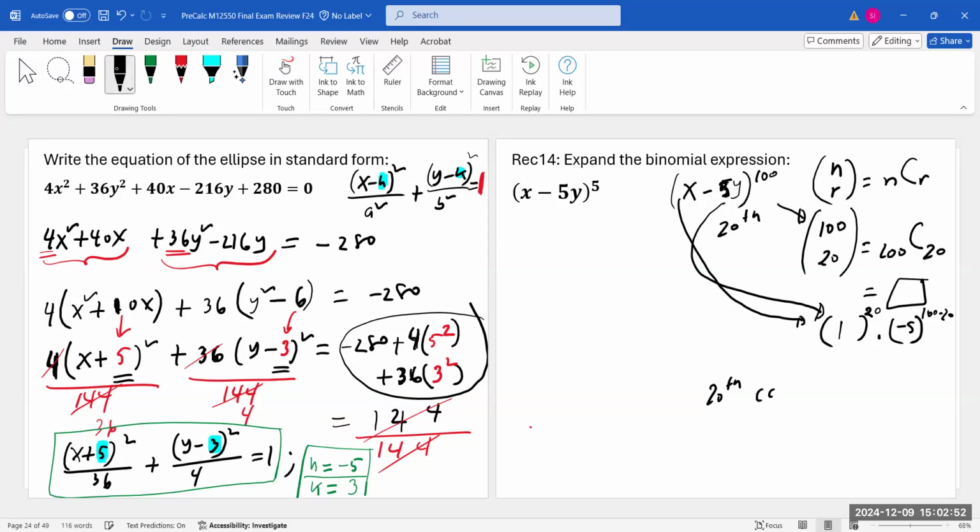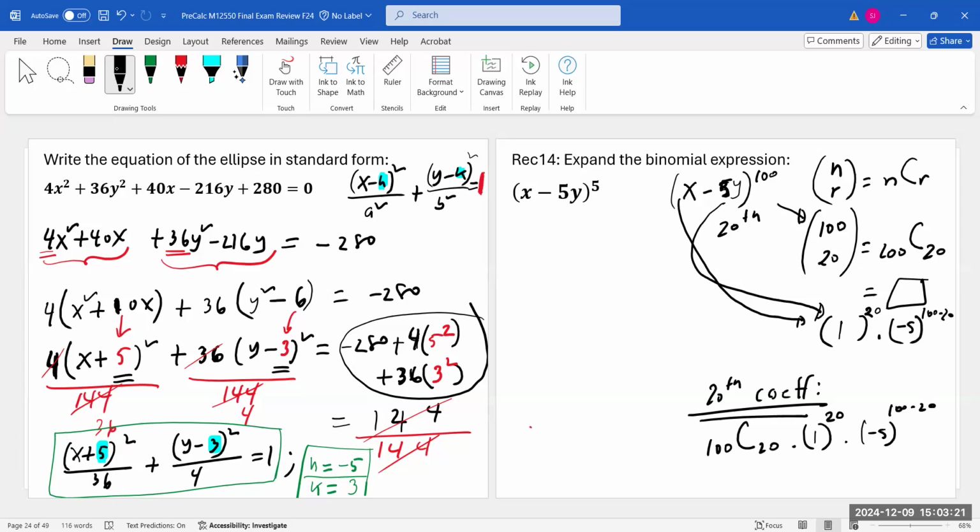So the 20th coefficient of this formula is 100 choose 20 times the first coefficient to the 20 times the second coefficient to the 100 minus 20.